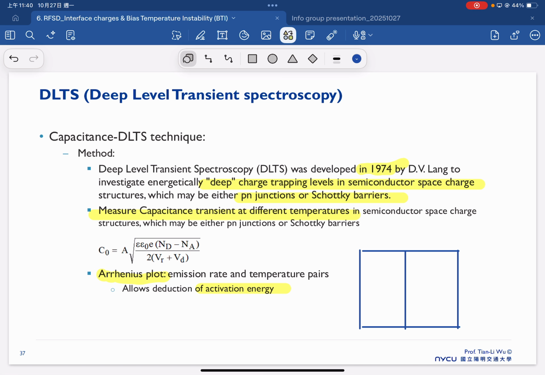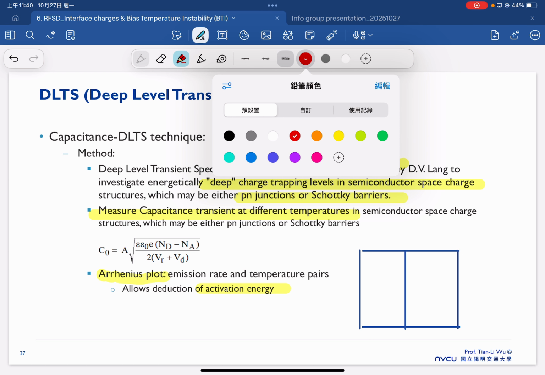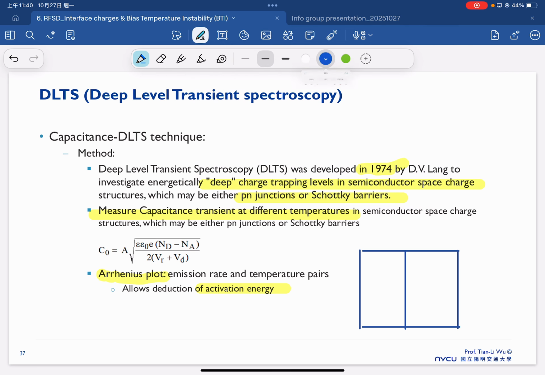If you look at the typical p-n junction here, we have P and N, and everyone here should be aware that the p-n junction forms a depletion width, the space charge region between P and N. Because of this depletion width, there is a capacitance in this depletion region, as shown here.